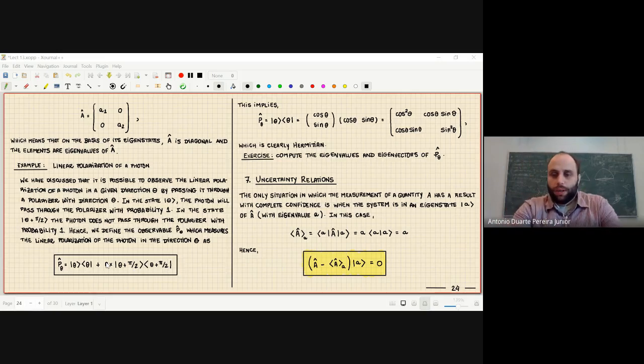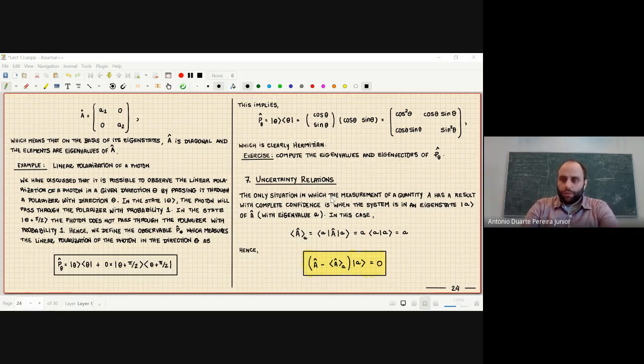Okay, good. Now I want to move to the uncertainty relations. This is a very important result in quantum mechanics. Today I will probably talk more about algebraic manipulations, and hopefully tomorrow I can give you more information about that. Okay, so I'll start with a basic statement, which is the following.